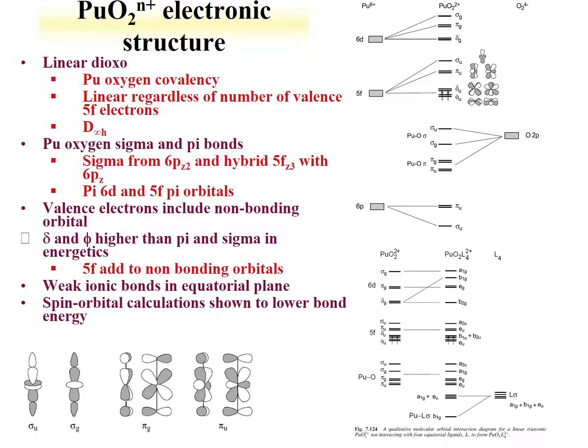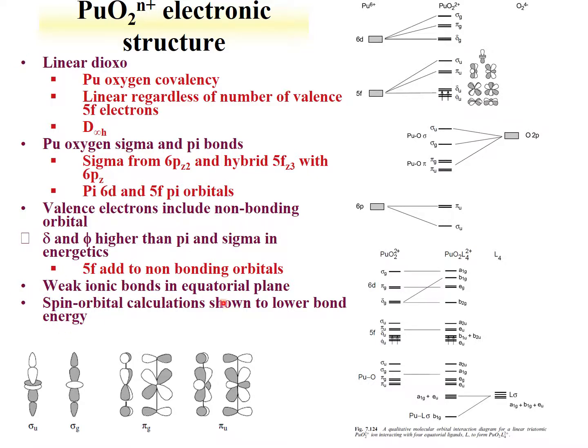And like the uranium system, the PuO2 2+ cation, the structure is also linear. The symmetry is the same as what you would expect for the uranyl system. The plutonium interacts with the oxygen, forming sigma and pi bonds, just as we saw in uranium.